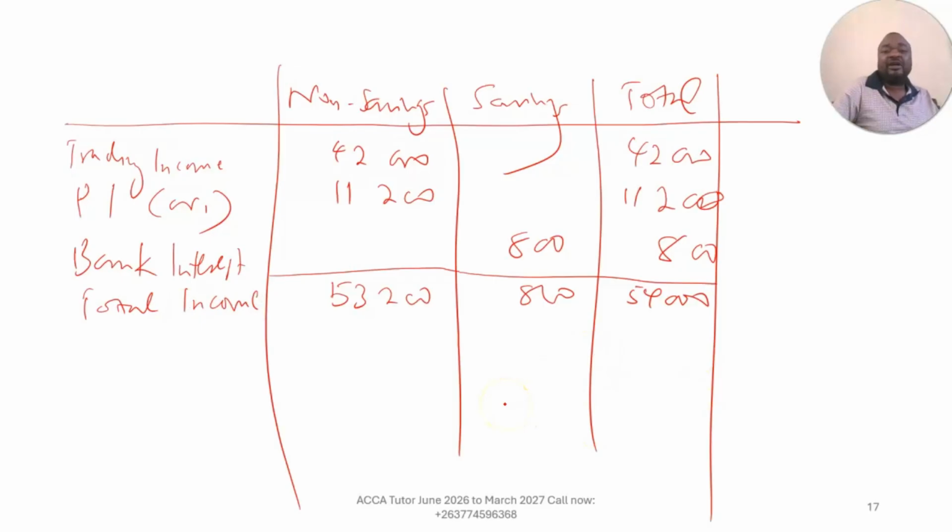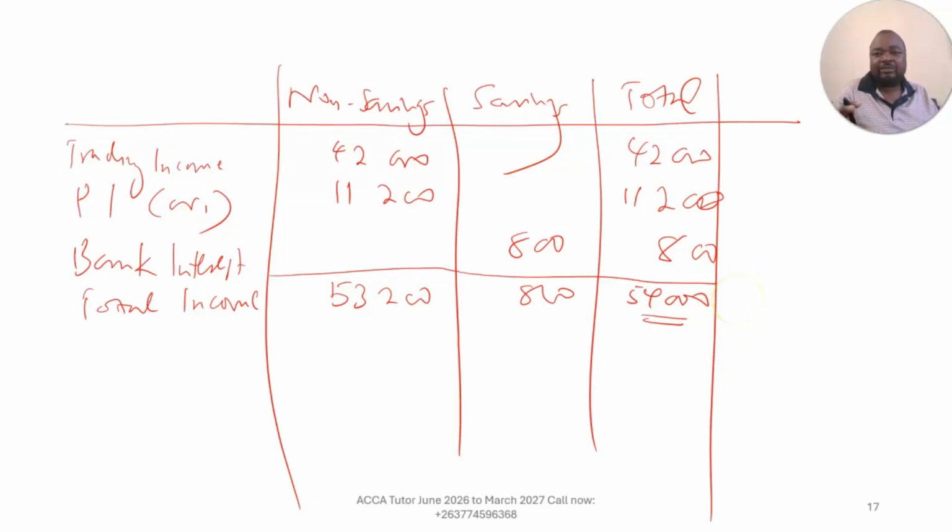But now, after you reach this total income row, you then have to ask yourself, how much are we having in this column? We're having 54,000. So 54,000 is within which tax band, or which taxpayer category?